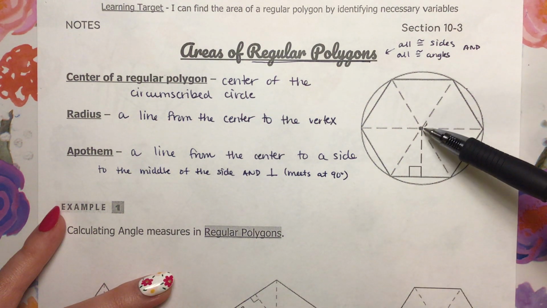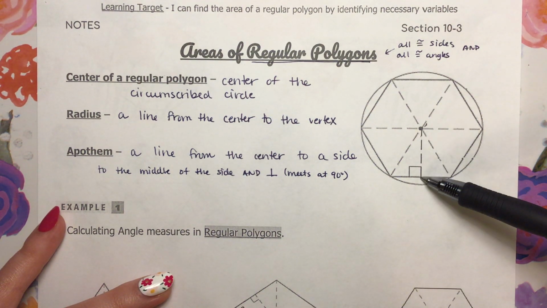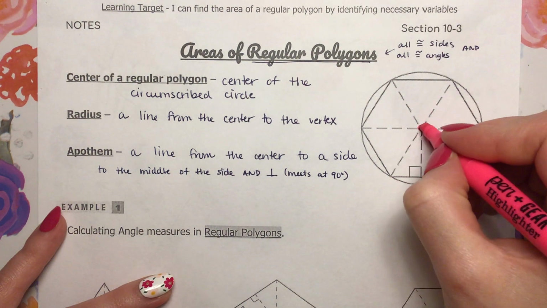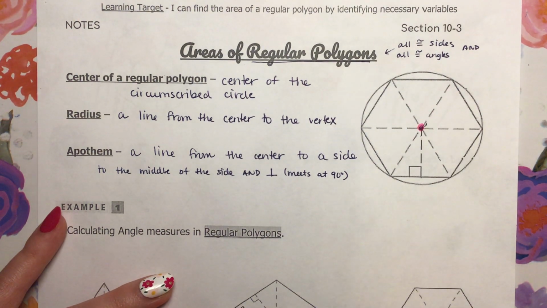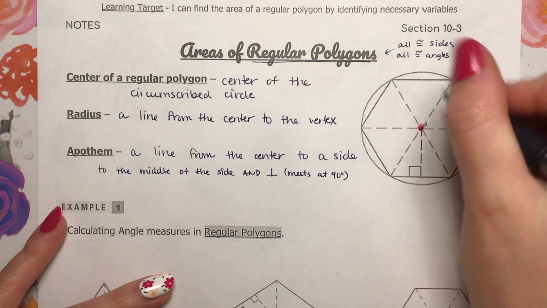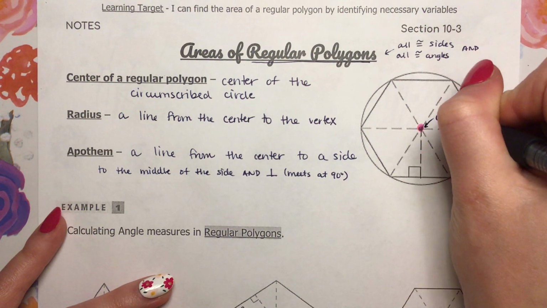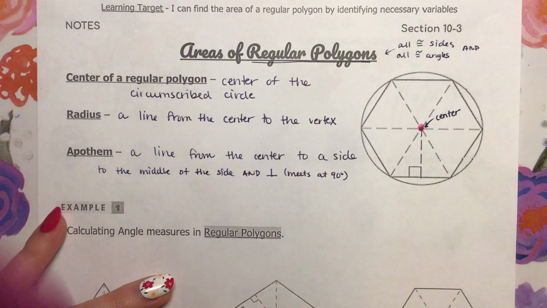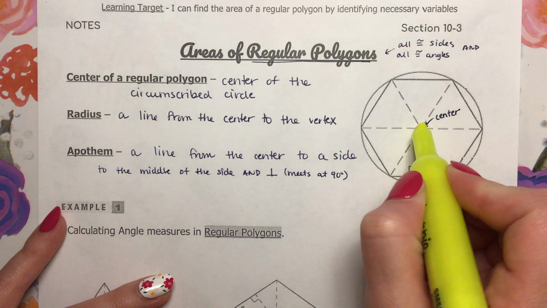So notice this line right here is an apothem. It's going from the center to a side, and it meets at 90 degrees. So I'm going to label that stuff in this image now. So this point right here is what we would call the center. So I'm going to label that. And this, well, there are many radii drawn on this right now, but I'll just identify one.